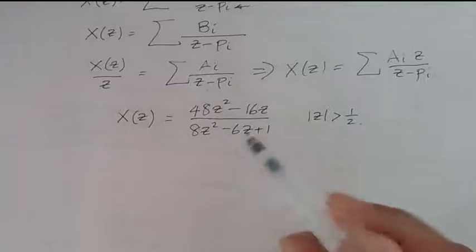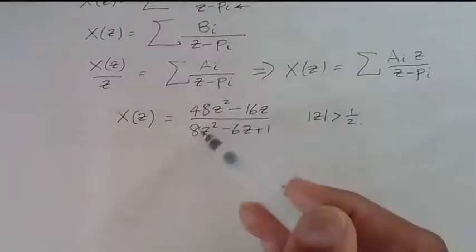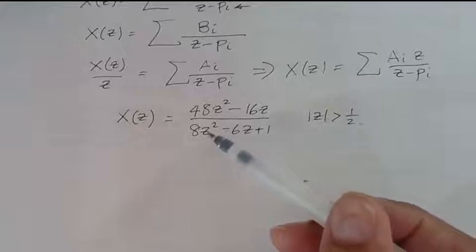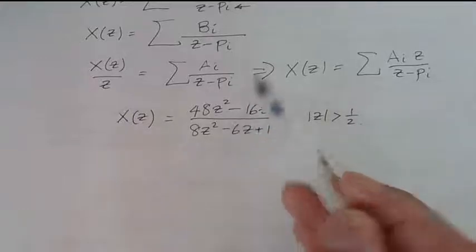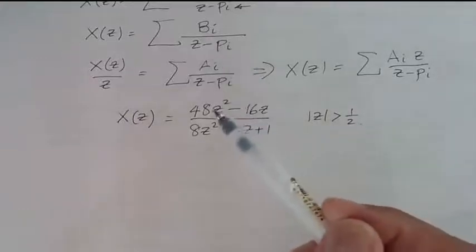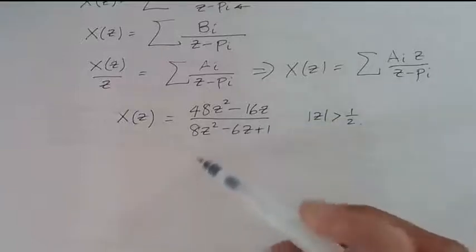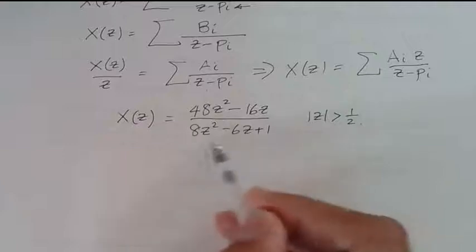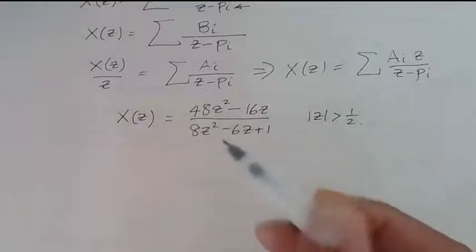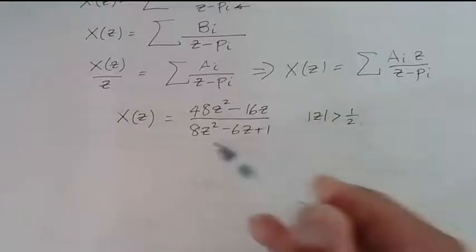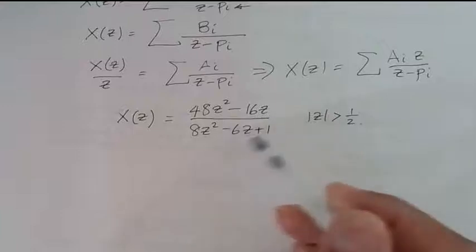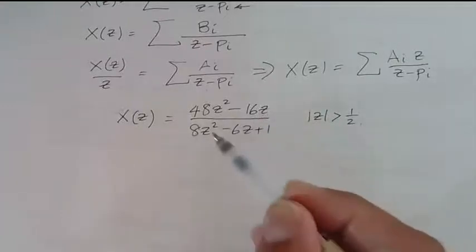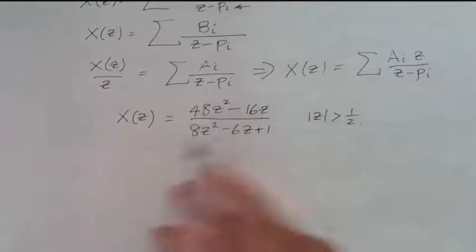Now, what I need to do is find the poles, and then write this as a product of terms of this kind, and then just do the partial fraction expansion. Before I do that, because this one will just be some z minus, and I've got z squared, so there'll be two poles, z minus p1 times z minus p2, I'm going to get rid of this 8 by dividing top and bottom by 8.